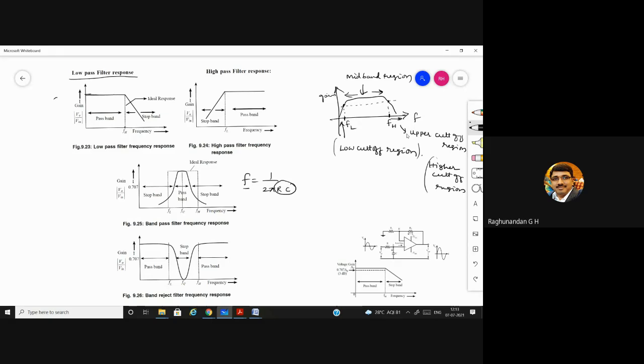The low is where the lower cutoff region comes, and in that region the gain is maximum. And you can see that at the end you get the upper cutoff or higher cutoff region.